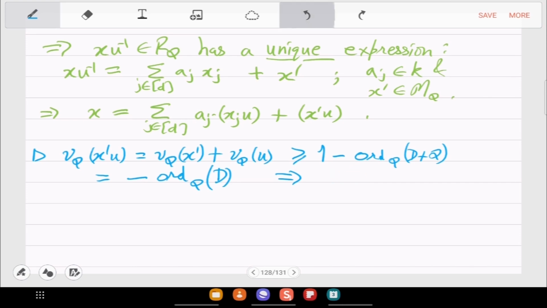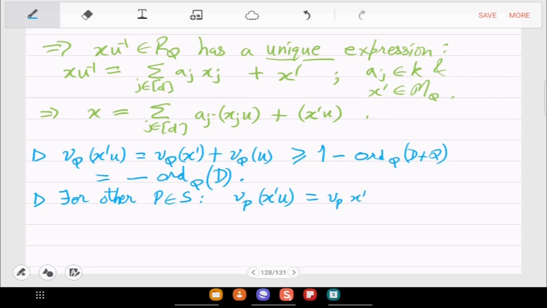Sorry, not yet. We have to prove one more property for other points. What happens for the other points? For q you have understood. For other points, what is the valuation V_p of x prime u?